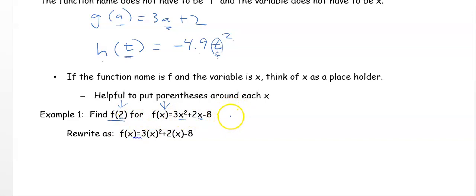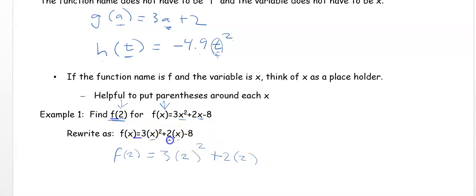So I would rewrite my function like this. I would put parentheses around each x. So now when I want f of 2, I have 3 parentheses 2 squared. And by the way, this becomes really important, these parentheses, when you have negative numbers and you're squaring them, plus 2 parentheses 2.